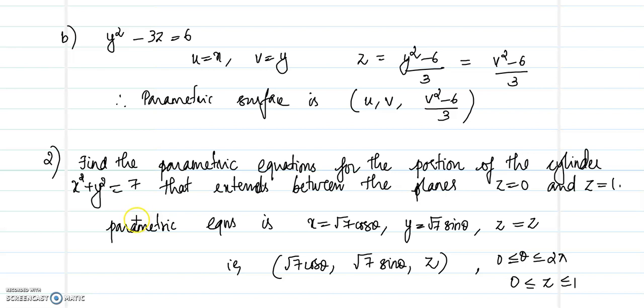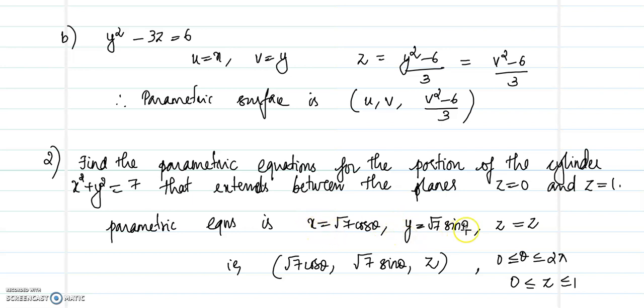Since it is a circle, for the cylinder we need only that boundary. So the radius is fixed. So here the radius is √7 but the angle will vary from 0 to 2 pi and the height also varies. To get the cylinder, the value of z must vary. So here z is varying from 0 to 1. So hence using this idea we can form the parametric representation.